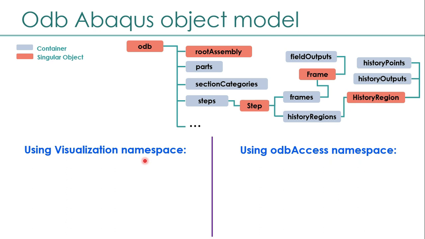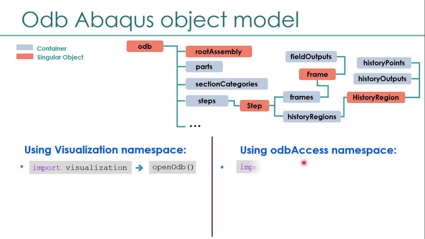It is as simple as that. Okay, so let's say if you want to use the visualization namespace or module to open some ODB, first you have to import visualization. Then you can use this openOdb method to open any ODB, or output database. In ODB access, it's the same thing: you have to import the ODB access module. Using a similar method, you can open the ODB file.